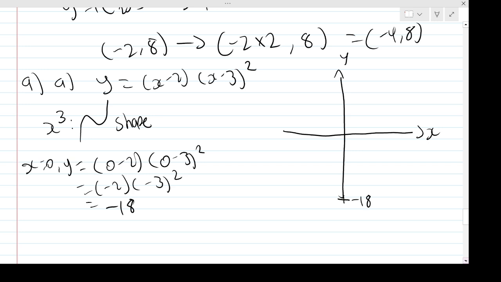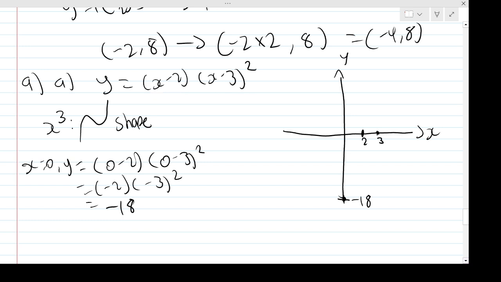Okay, then I need the roots. So the roots are at x is 2, so it'd be about there somewhere at 2. No, let's draw it a bit further outwards. There we are. 2 there, and the other one would be x minus 3 is 0, so x would be 3. Okay, so those are my two roots. Then I need to look at the type of roots. So I have a single root at 2, it's a single bracket, but this is a double bracket, so it's a double repeated root.